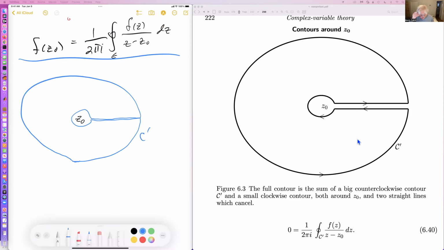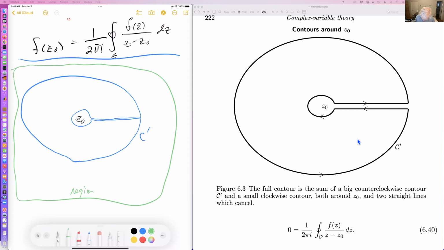And we imagine that we're inside a region of analyticity.